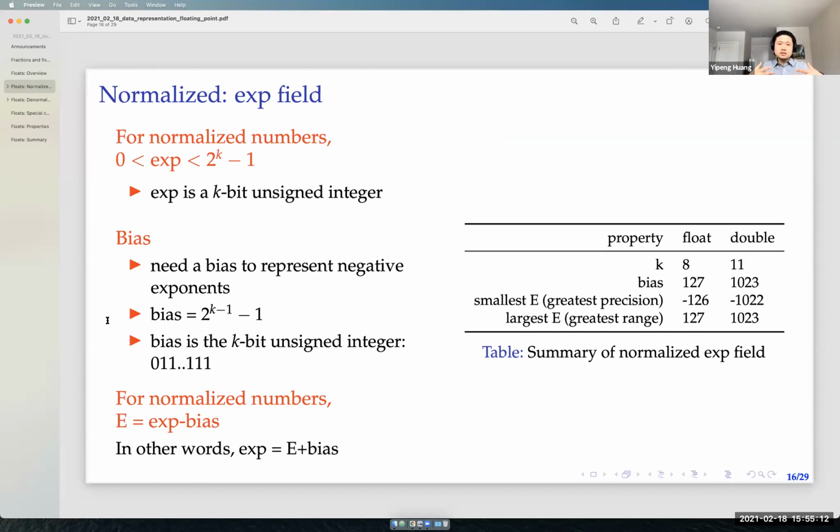The bias has the effect of shifting the whole exponent up and down relative to the number the EXP is representing. In all cases, this bias, the number that we shift the exponent by, is this number here, where K is how many bits are involved in the exponent. For example, for single precision floating point, the bias is 127. And for double precision floating point, that bias is going to be 123.